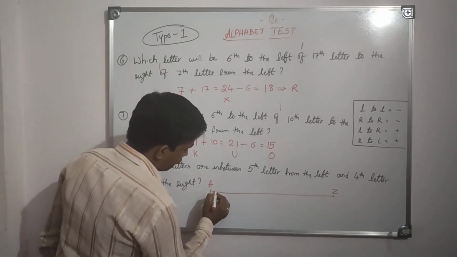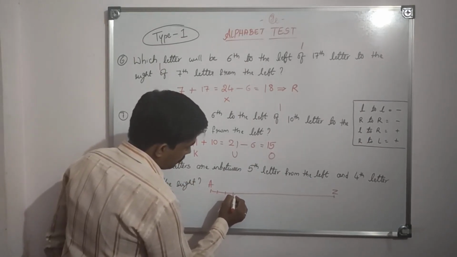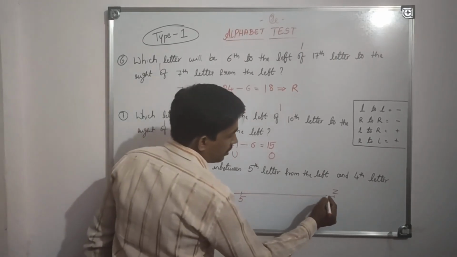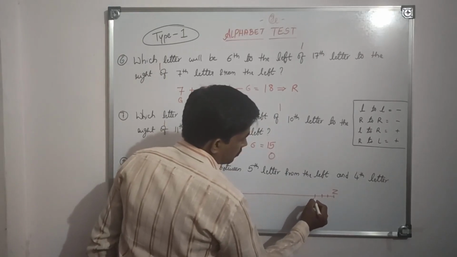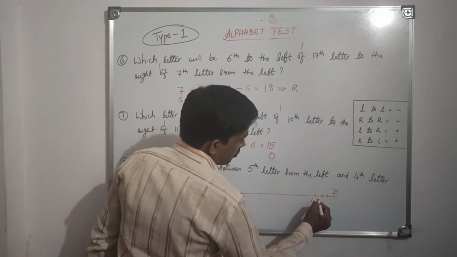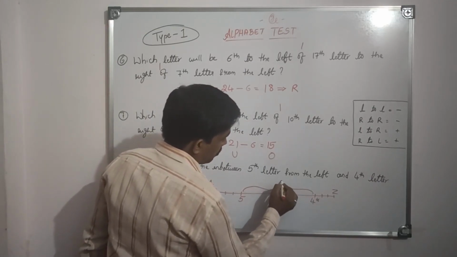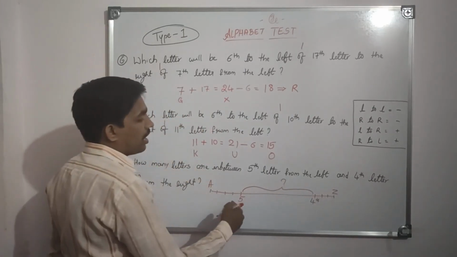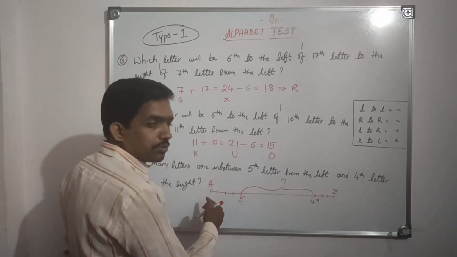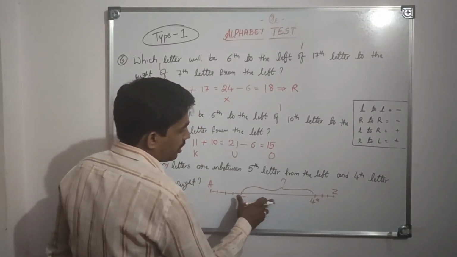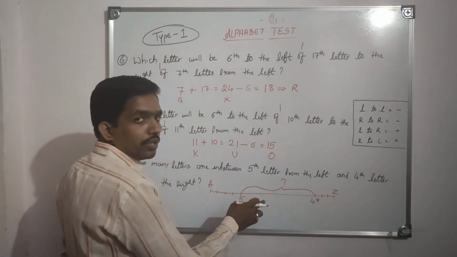From the left, 5th letter, and from the right, 4th letter. So they are asking you, how many are in between 5th letter from the left and 4th letter from the right? So how many numbers are here in between?